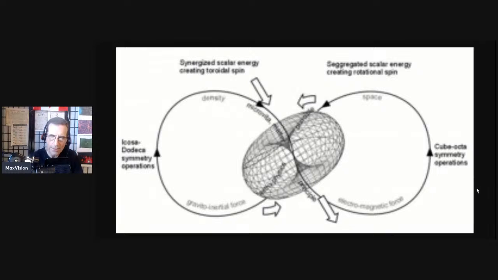Okay, so what are we looking at here? Looking at a scalar wave. Yes. So, the top here, it says synergized scalar energy creating toroidal spin, segregated scalar energy creating orbital spin. Okay.